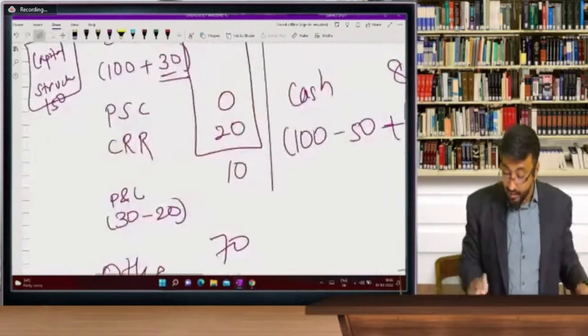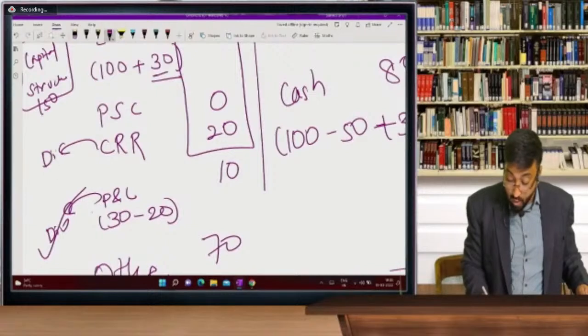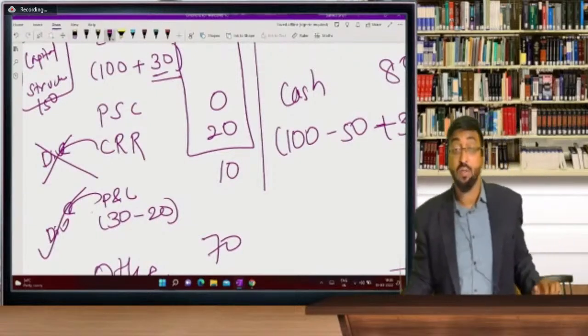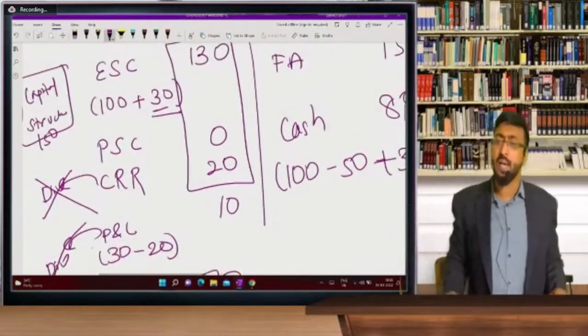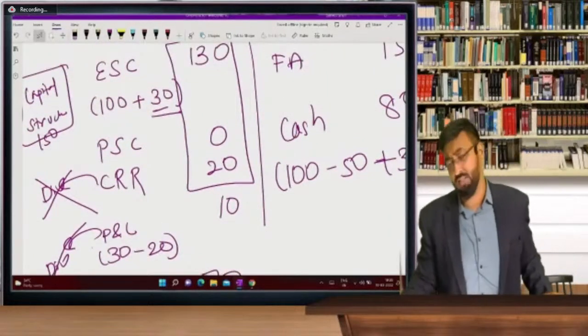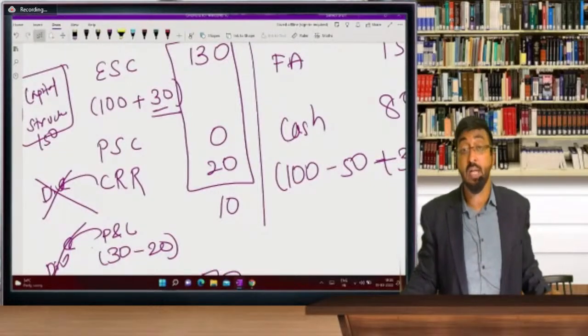And see, this P&L is available for dividend, but CRR is not available for dividend. So this is a part of capital structure. I will maintain my capital structure by issuing equity shares, or by blocking my free reserves, that is CRR.